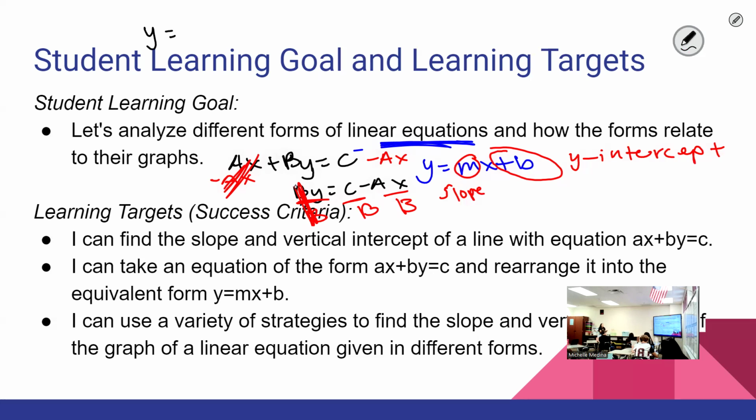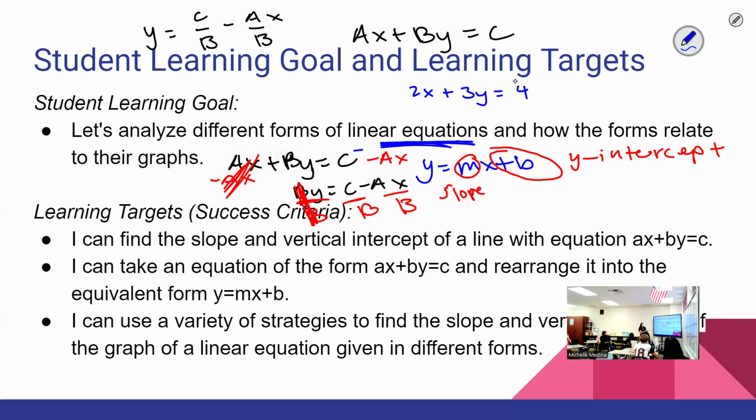I personally don't like memorizing this, but maybe it'll help. Maybe. So I'll show you. If you are comparing your standard form, and A, B, and C will always be numbers, you can get your slope by doing negative A divided by B. So like if I have, and I'm just gonna make one up, 2x plus 3y equals 4.